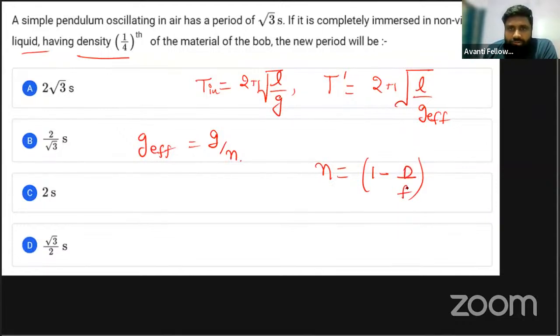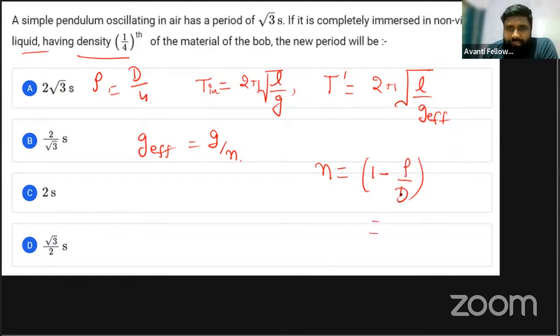If liquid density is rho, this rho is 1 by 4th of d. If you take the ratio, n is getting negative, which means we have made a mistake here. It is rho by d.